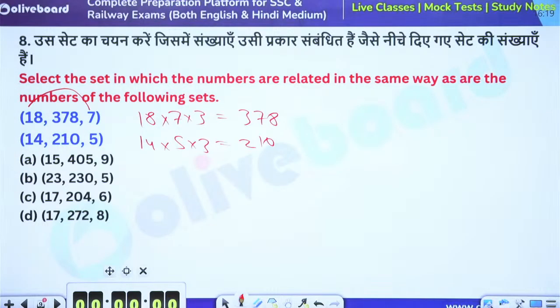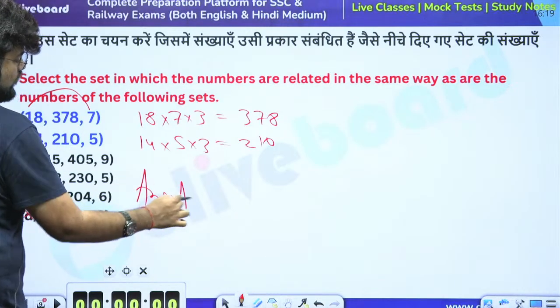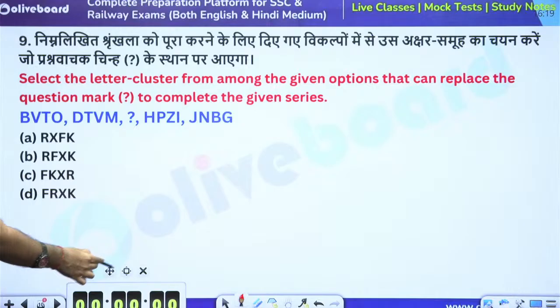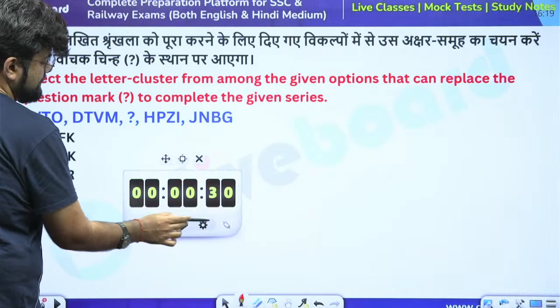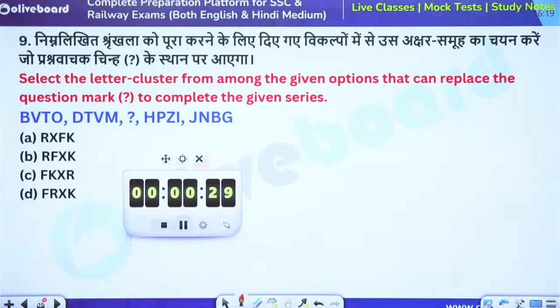So which one follows it? This is not it. This is not it. Option A is the right answer. Cool. Next. Correct, Abhijit. Absolutely right.